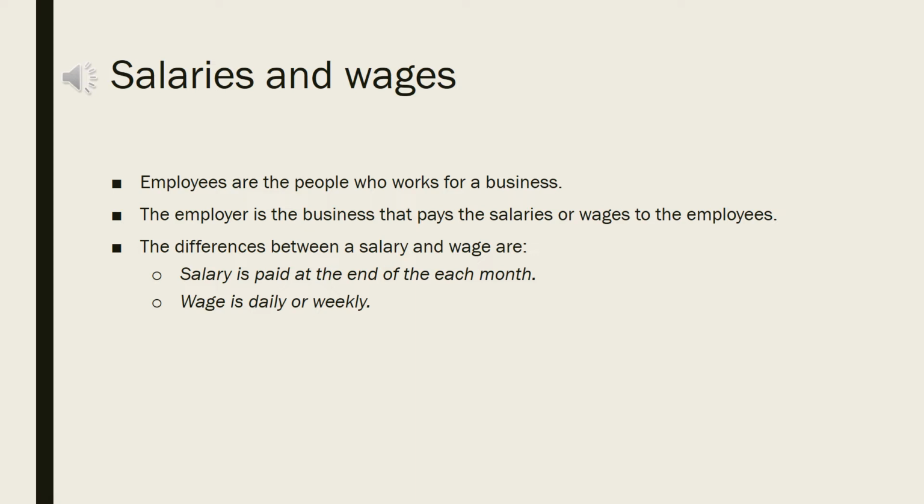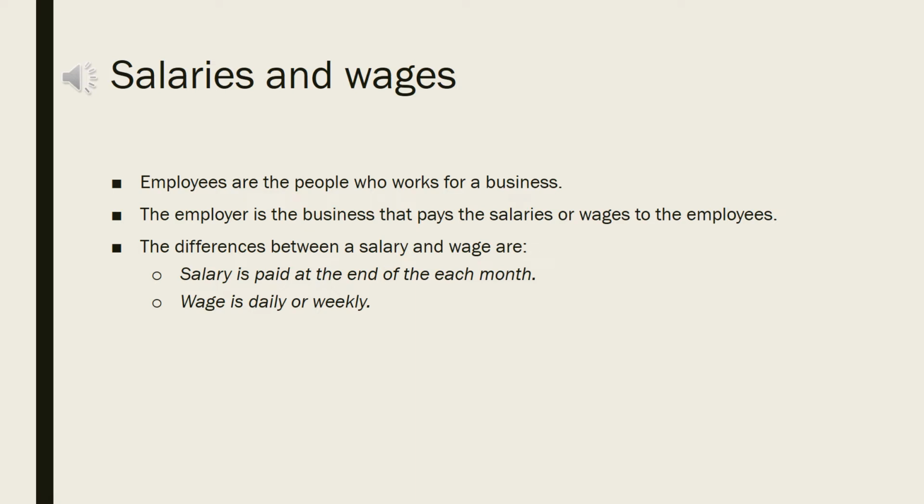It's a payment that you get from your employer after providing them with a service. So employees are the people who work for a business. Someone who works for a particular business is called an employee, and an employer is the business that pays salaries or wages to the employees, which means to their workers.